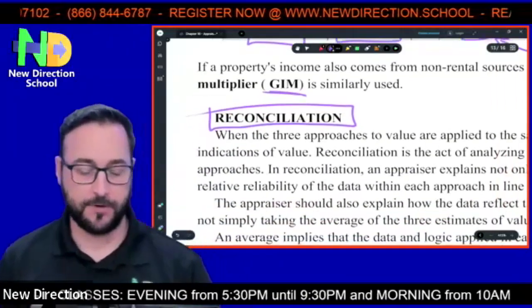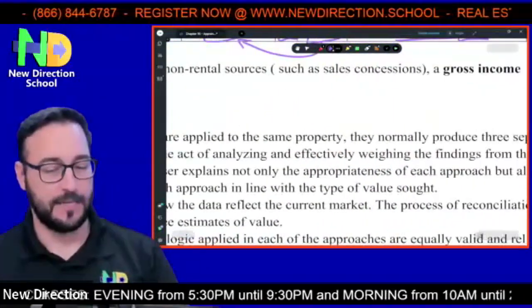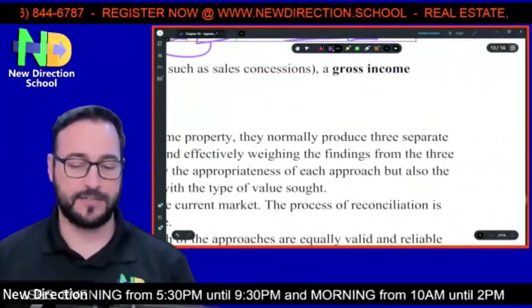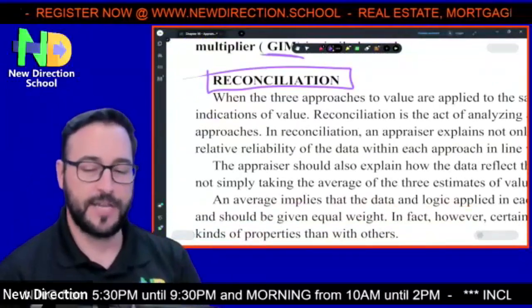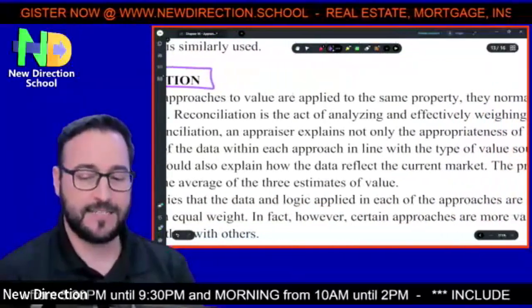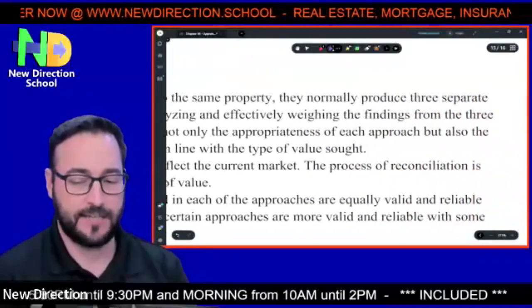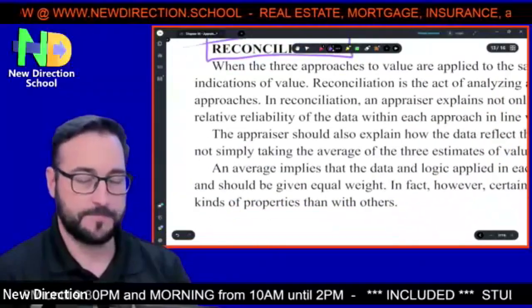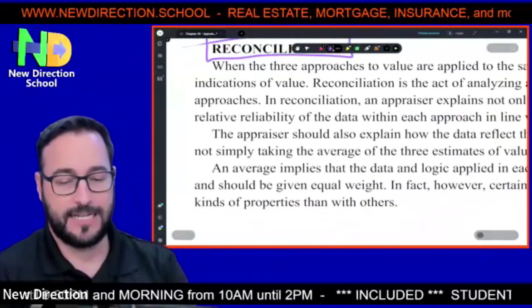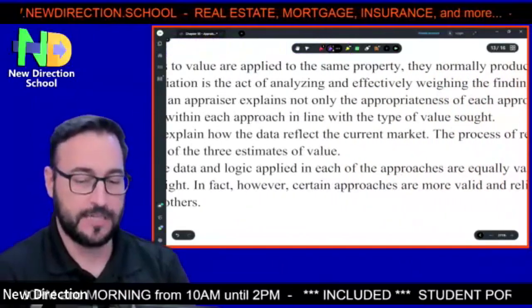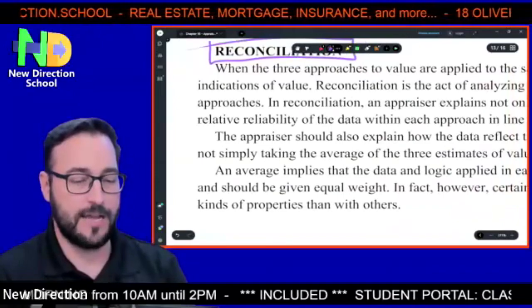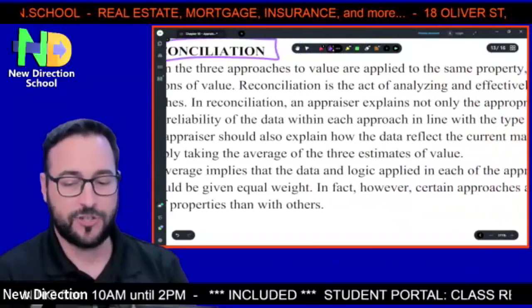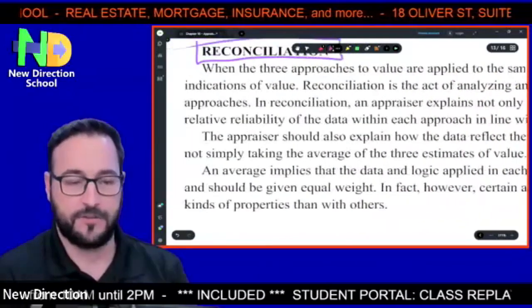When the three approaches to value are applied to the same property, they normally produce three separate indications of value. Reconciliation is the act of analyzing and effectively weighing the findings from the three approaches. In reconciliation, an appraiser explains not only the appropriateness of each approach, but also the relative reliability of the data within each approach in line with the type of value sought.